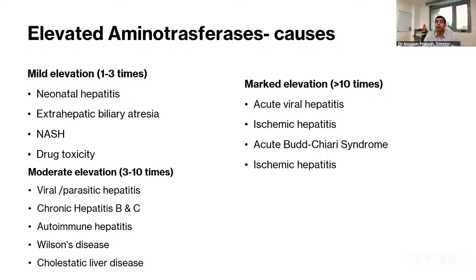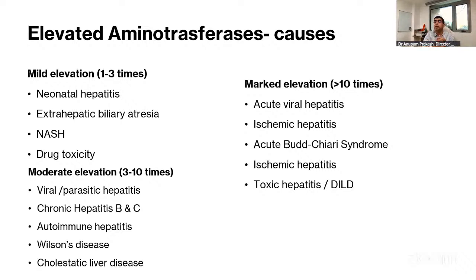So these are some classical conditions where, sorry, I have mentioned ischemic hepatitis twice, but yes, these are some classical conditions where your ALT, AST may be at times in thousands. So you should think of ischemic hepatitis, you should think of fulminant hepatitis, you should think of toxic hepatitis.